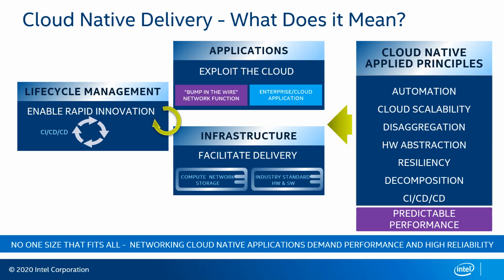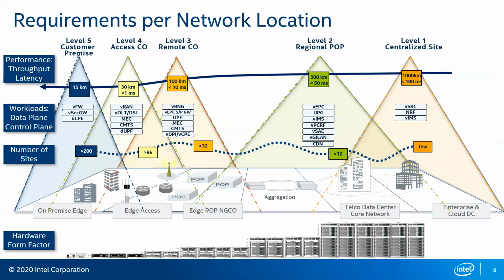The next slide here is to demonstrate why specific attention should be given to network workload or network function. And the main reason is that there is no one size that fits all. So if you look at those pyramids and the end-to-end view of the network, from the left side on-premise edge deployment to the very right side where we have enterprise and cloud data center, you see that a lot of things are changing.